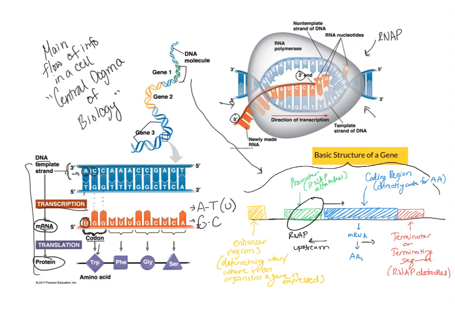Downstream will be the opposite, right? So the terminating sequence is downstream of the coding region. Okay. So that's the basic structure of a gene, and we're going to use these different components in the rest of this lesson, but also as we talk about regulation as well.